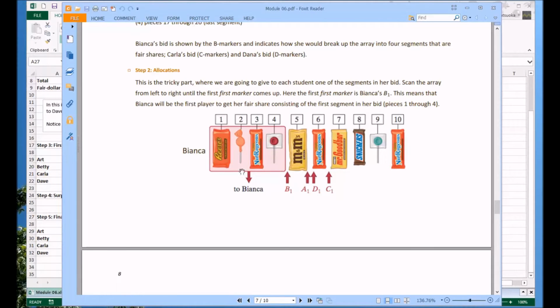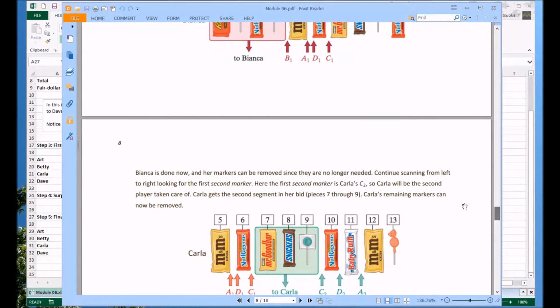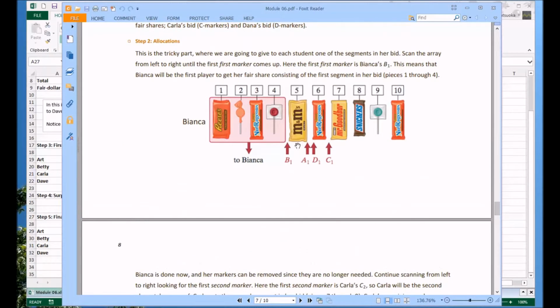That would be Bianca's case here, because she's the first player with marker 1. So this segment goes to Bianca. That's her fair share. So Bianca's done, and the first player is out. The next thing you do is look for the second marker, the one with subscript 2.